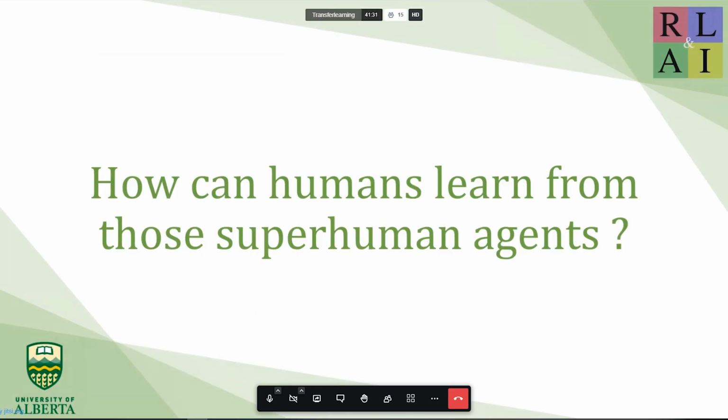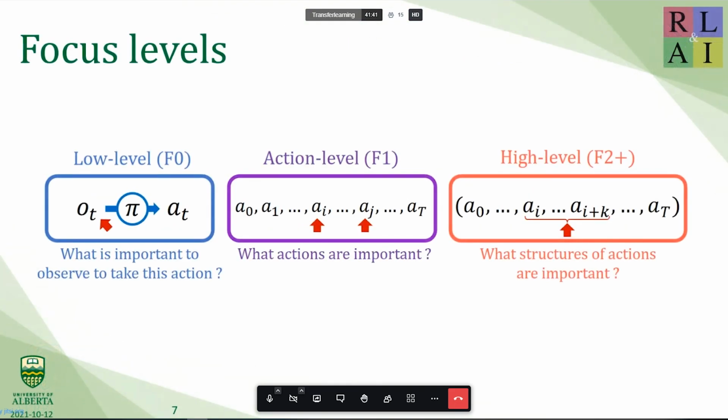So the big question that I'm asking myself and that started this work is, how can humans learn from those superhuman agents? Well, it starts by trying to quantify how one transfers information to another. And for that, I studied the literature of what is done in explainability.